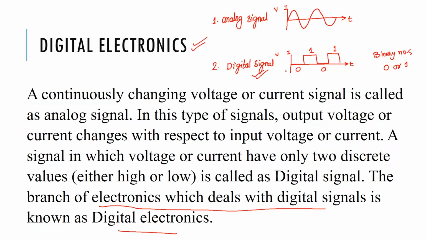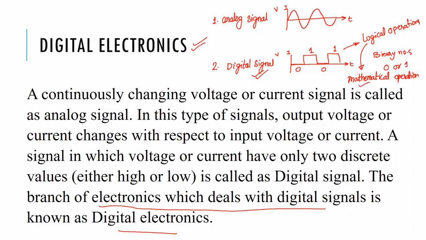Now where will we be using these digital signals? We'll be using these digital signals in performing logical operations. What are logical operations? Logical operations are nothing but mathematical operations such as addition, subtraction, multiplication.